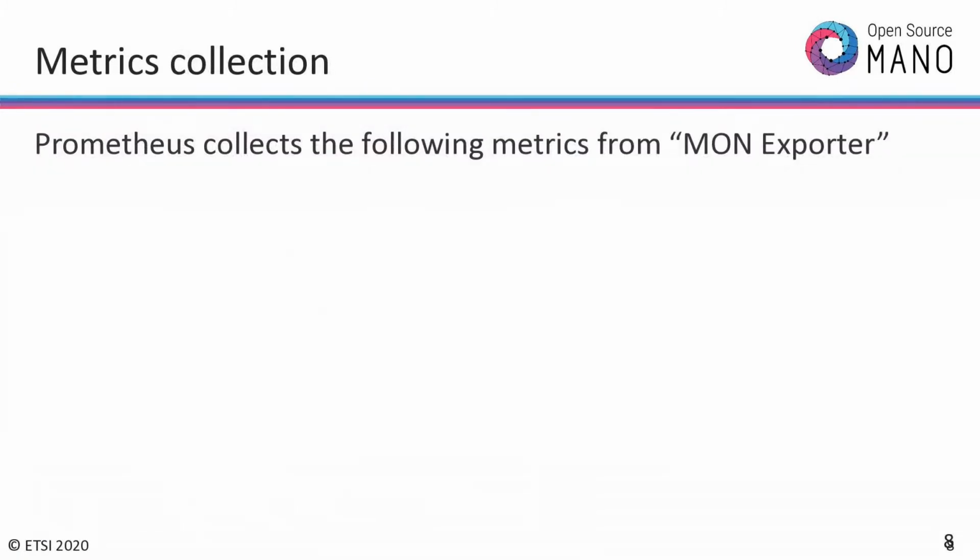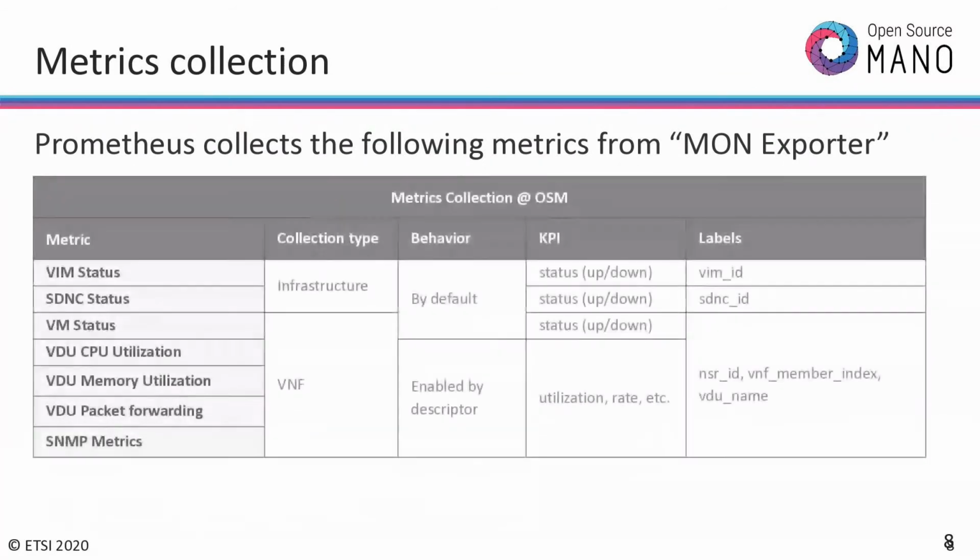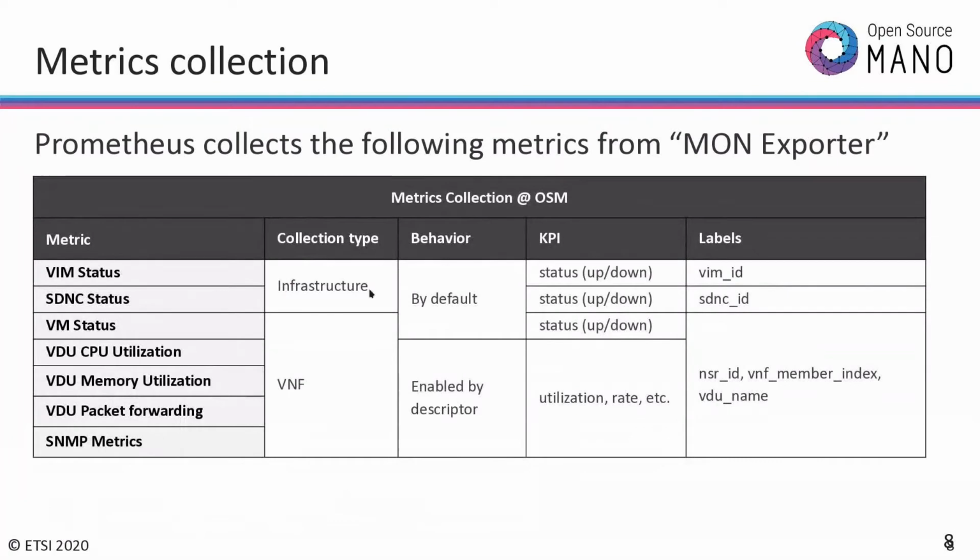Well, as I said, Prometheus collects the metrics. Here are the metrics that you can get from the VNFs or the infrastructure. From the infrastructure, you can get the VIM status, as you saw in the previous session.